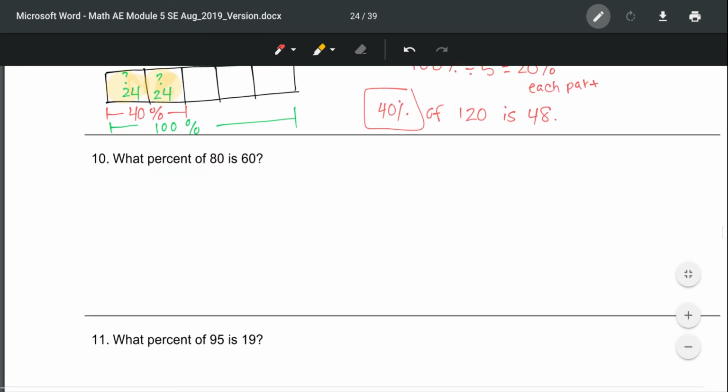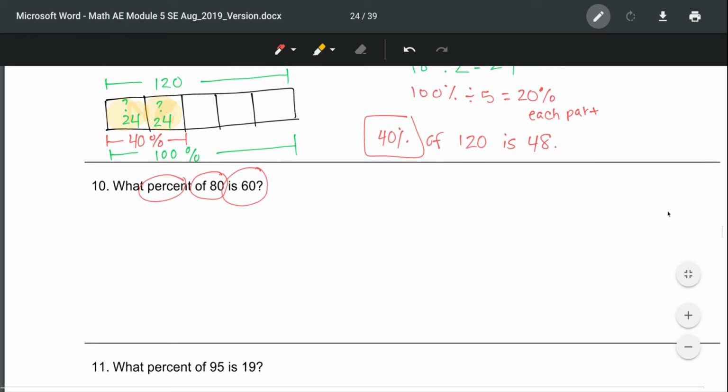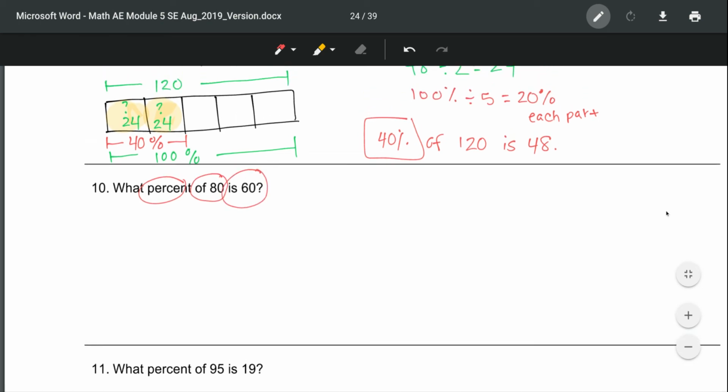Number 10, what percent of 80 is 60? So take the part to total ratio, which is the same thing as is over of. Is would be 60, and of would be 80.